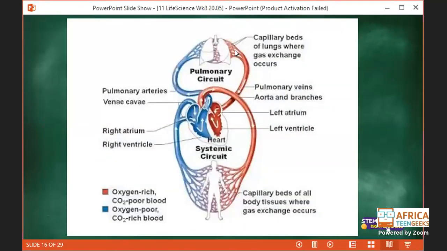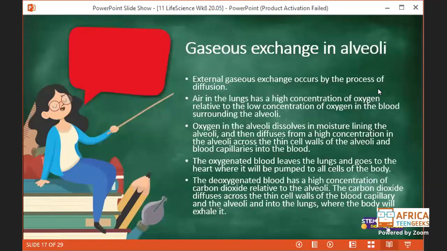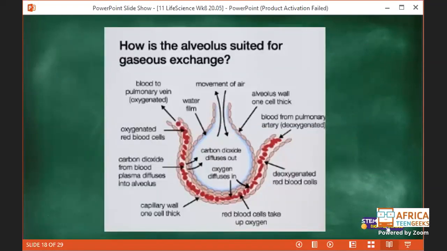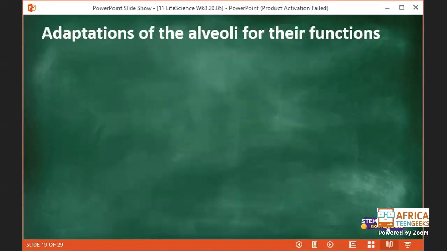Remember in the structure, guys, we said that the oxygenated blood will travel via the pulmonary vein to the heart. So it's not the artery. The pulmonary artery would carry the deoxygenated blood to the lungs in order for the carbon dioxide to be exhaled, right?